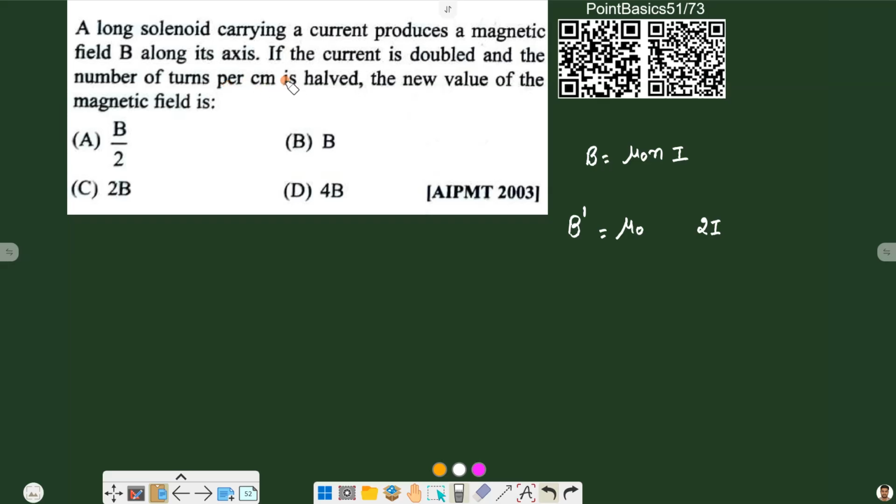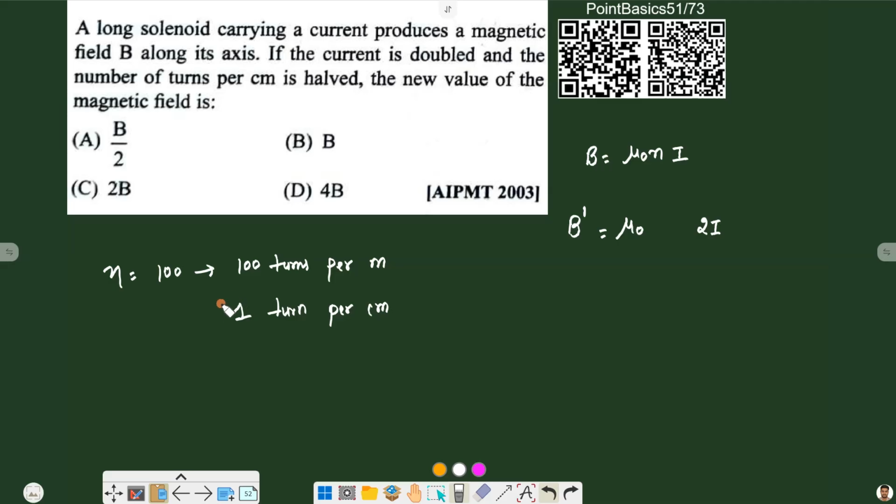Here it is cleverly mentioned as per centimeter. Suppose N is 100. It means 100 turns per meter, or we can say 1 turn per centimeter.